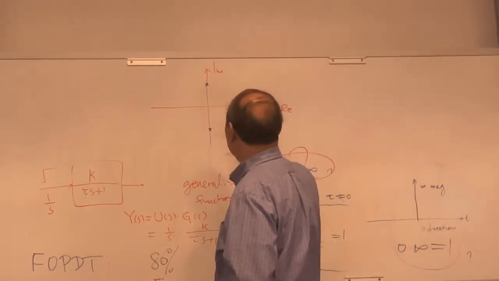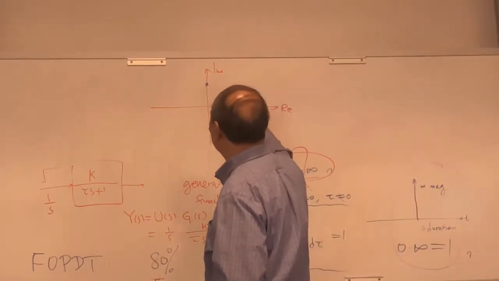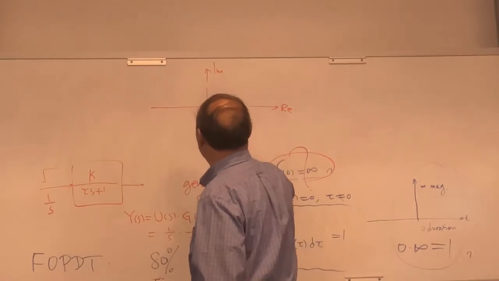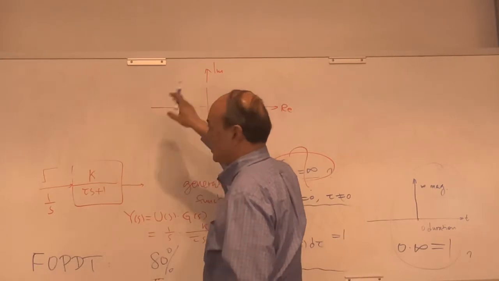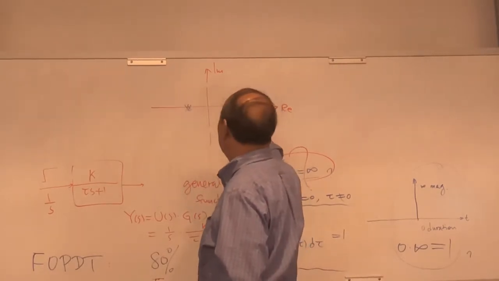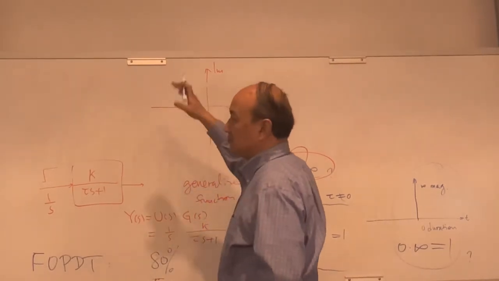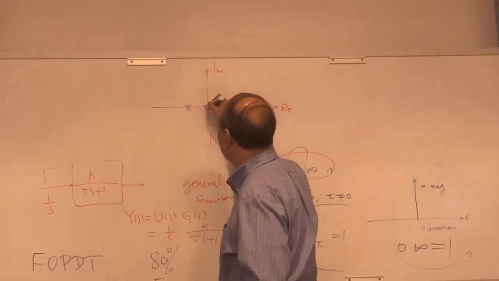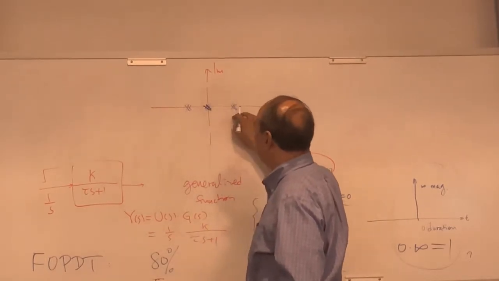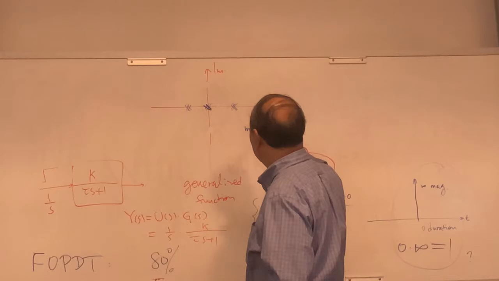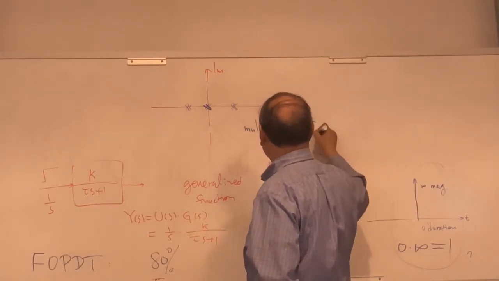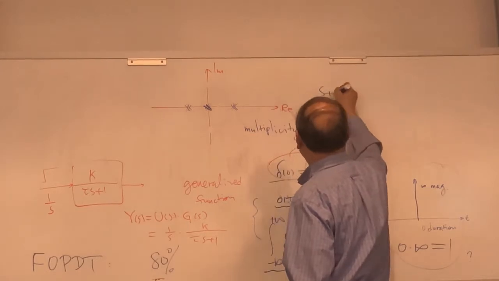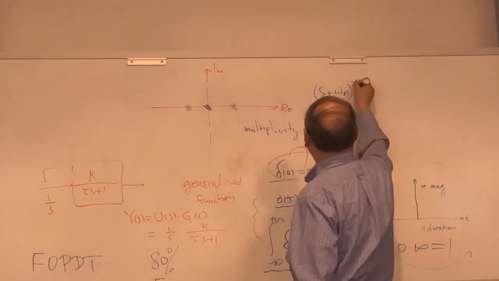Or you can say they could be all here and here. So they can all even be here, okay? So they can be a multiplicity of 2, meaning s plus omega n, squared.